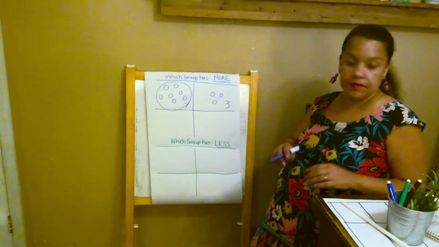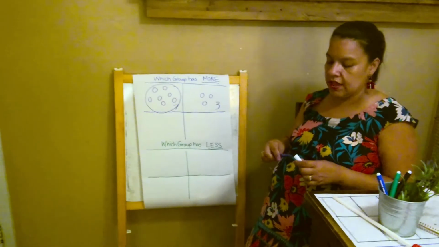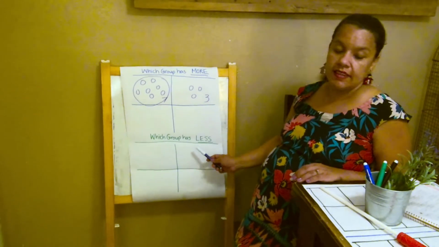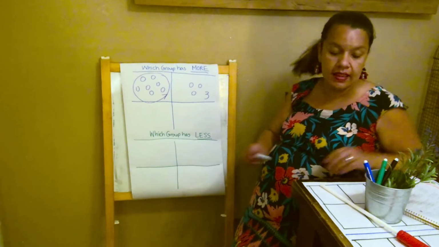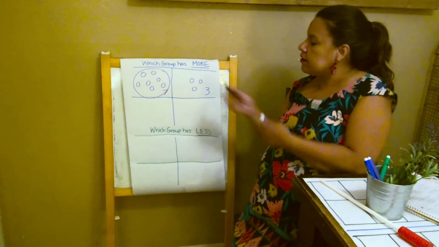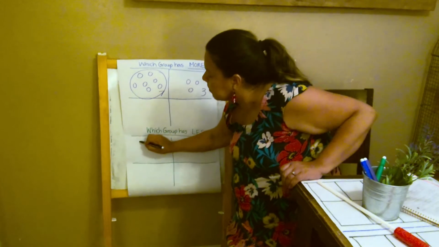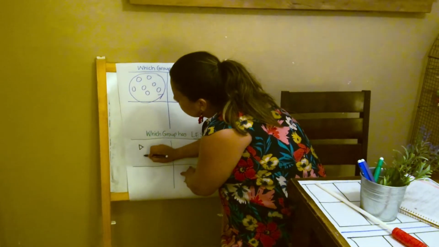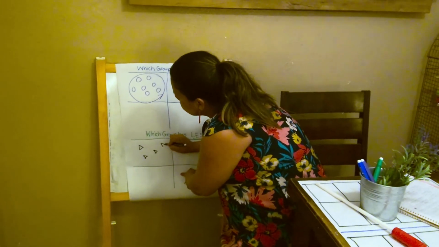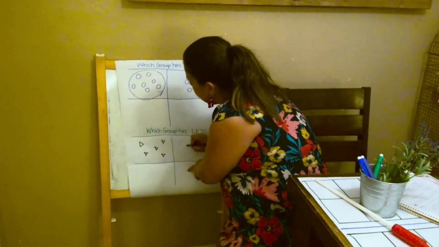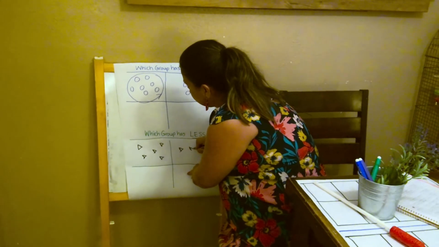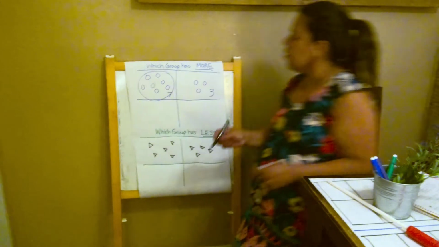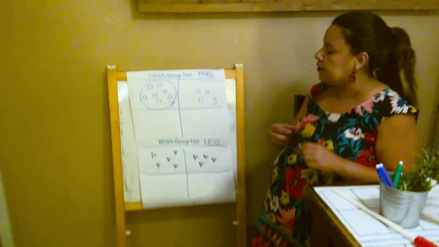You're right. Now, let's look at some groups. Which groups have less? Let's answer this question. Which group has less? I'm going to draw a bunch of triangles on this side. And then I'm going to draw some triangles on this side. Okay, now we're ready to count.